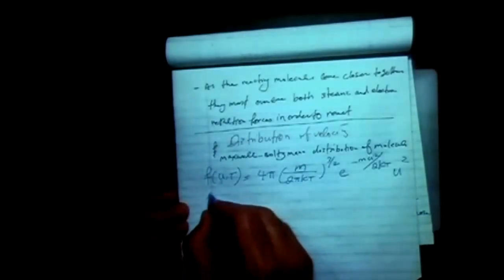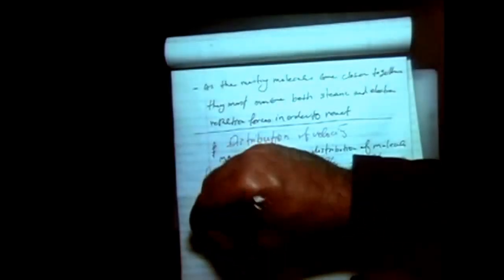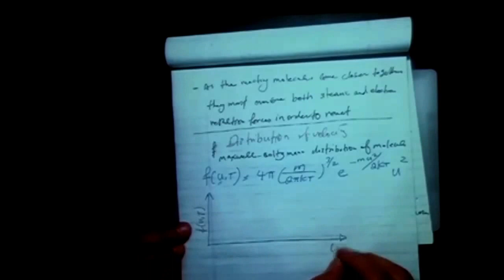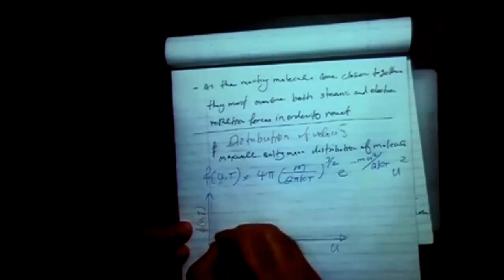If you are keen to know how it looks, you have f of u and T on the vertical axis, and u on this axis. Depending on your temperature, it gives you some bell shape.